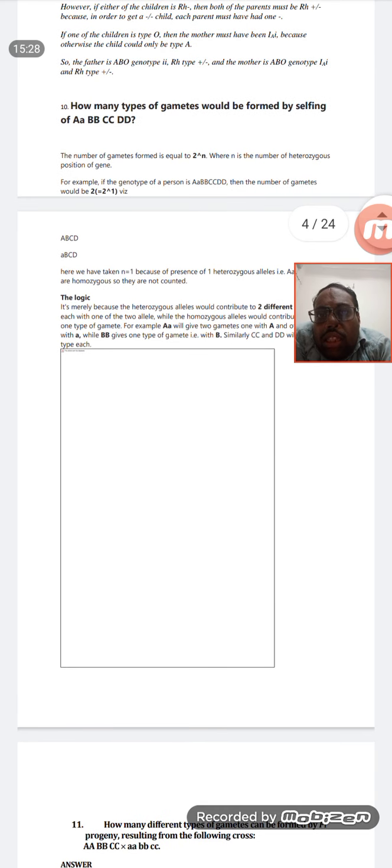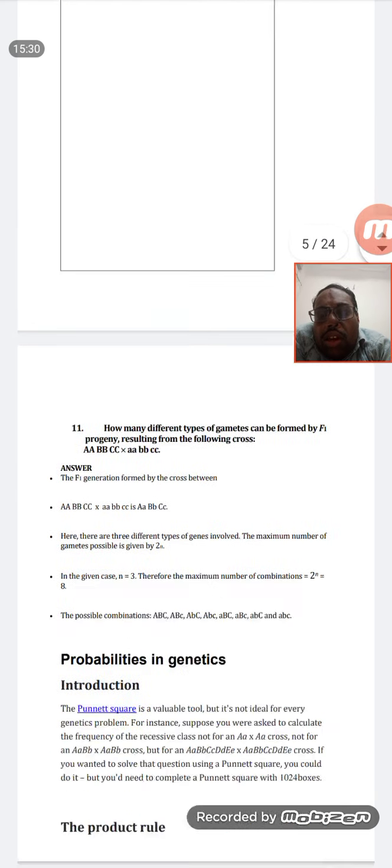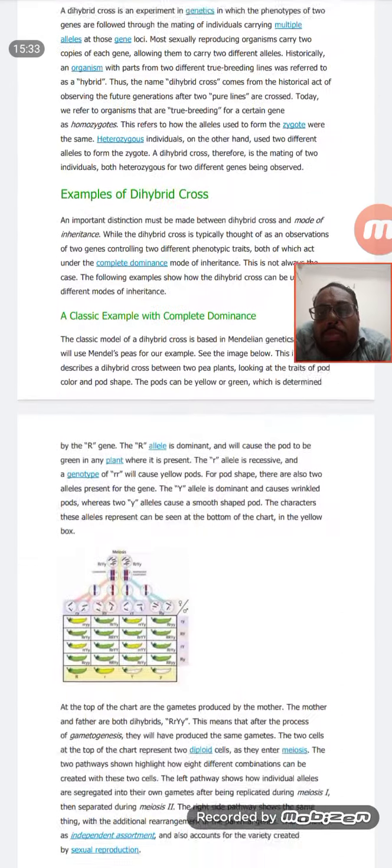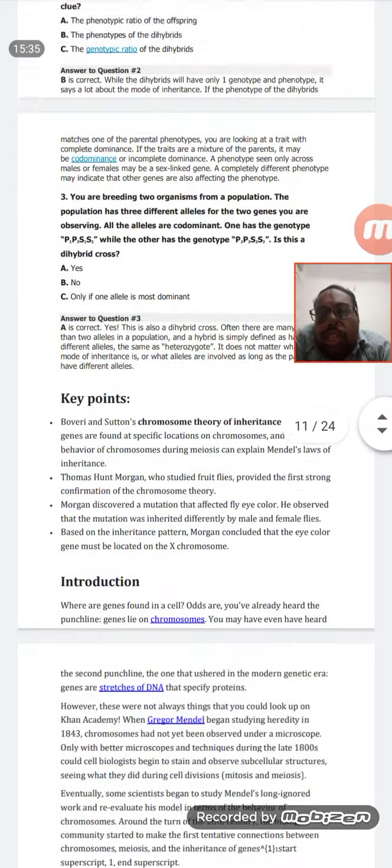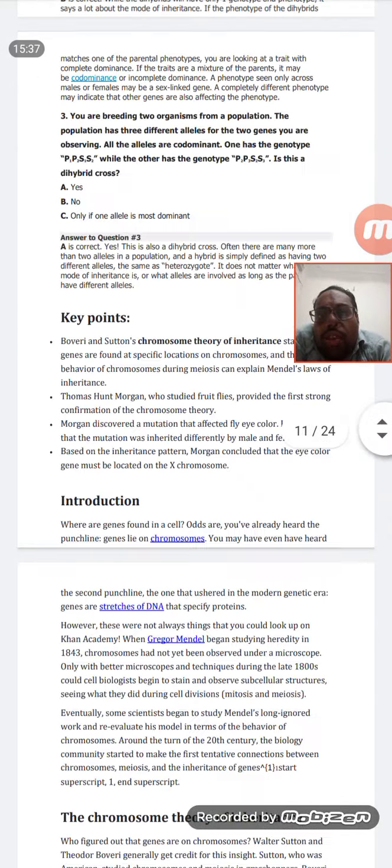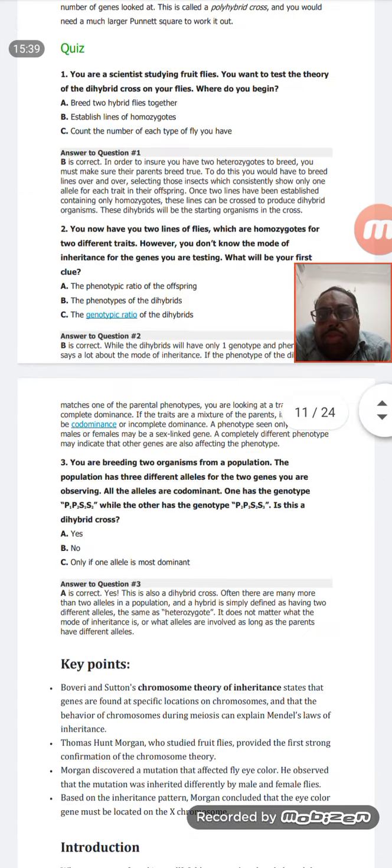Here the picture of the gametes is not coming properly, so I have given the gametes here. How are we getting the 2 gametes?